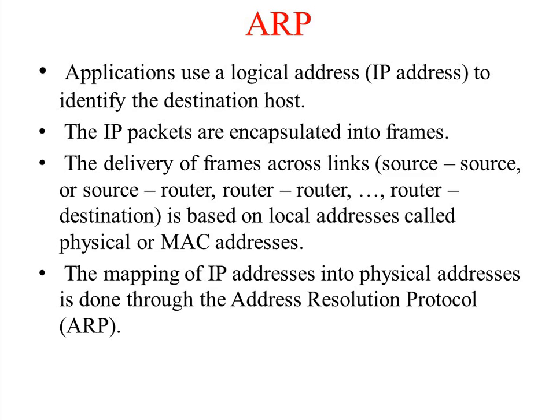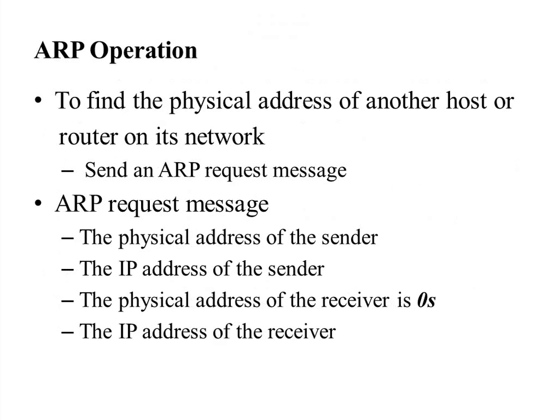The link may be source to router, router to router, or router to destination; these cases are possible, including directly machine to machine. You need to find out the physical or MAC address of the device to which you will be sending the frames. Mapping of IP addresses into physical addresses is done through this protocol.